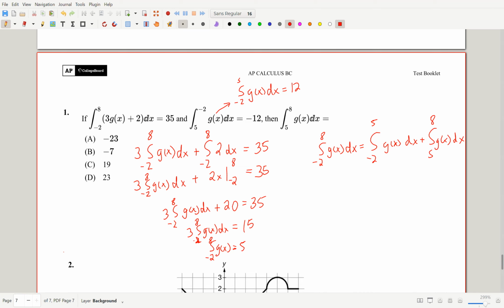And those are just numbers to plug in. 5, which is my full, equals the thing I don't know, plus 8.